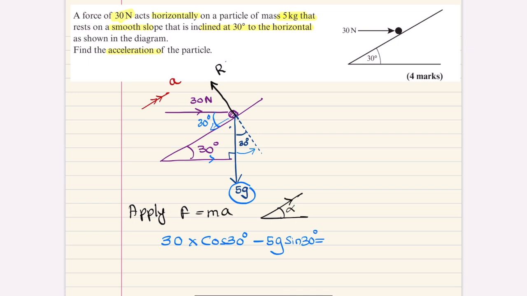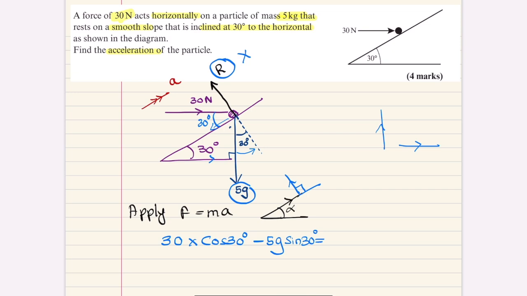Will there be any effect from the normal reaction? No. Reason? Because the normal reaction is perpendicular to the direction that we consider. If any two forces are perpendicular to each other, there is no effect on each other.